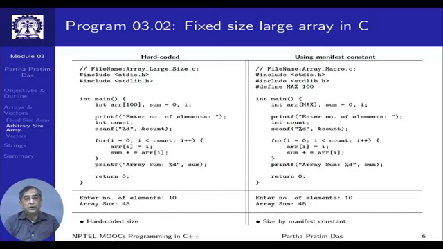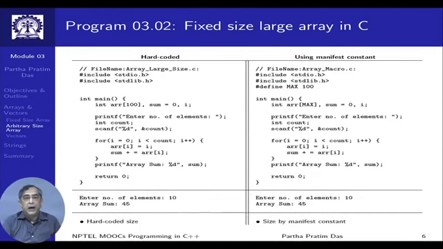The advantage of using the manifest constant is that there could be 10 different arrays whose sizes are to be specified as 100. Now, if I hard code all of them and sometime later I need to change all those sizes from 100 to 1000, at 10 places I will need to go and edit, and I might just forget to do all of them.